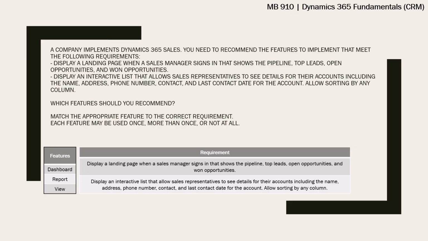Display an interactive list that allows sales representatives to see details for their accounts, including the name, address, phone number, contact, and last contact date for the account. Allow sorting by any column. Which features should you recommend? Match the appropriate feature to the correct requirement. Each feature may be used once, more than once, or not at all.